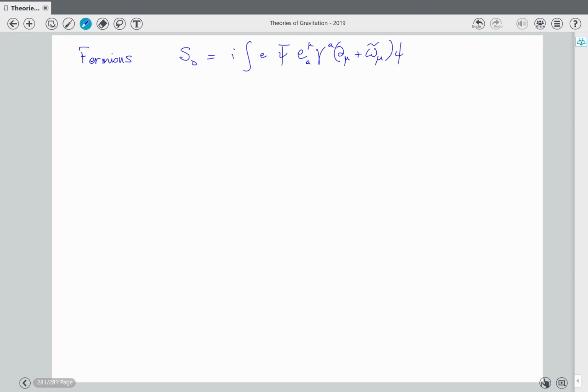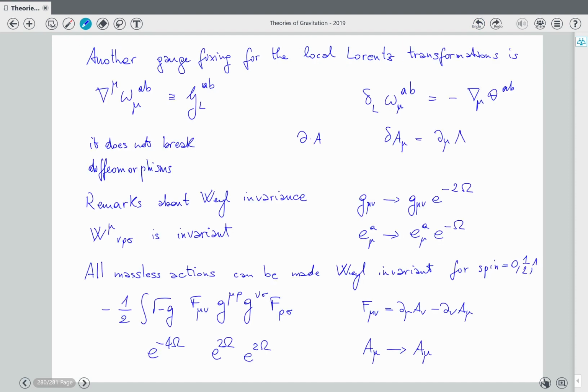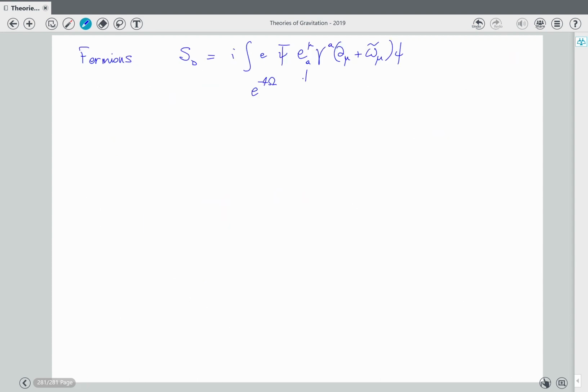How should psi transform? Well, remember that e again takes a minus 4 omega, e determinant, I mean. Instead, here we have the vierbein. The vierbein gets a factor e to the plus omega. So what should happen to psi and psi bar?